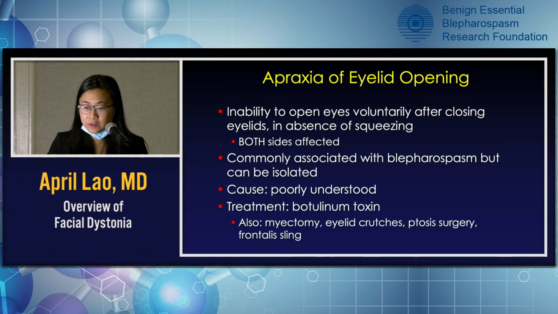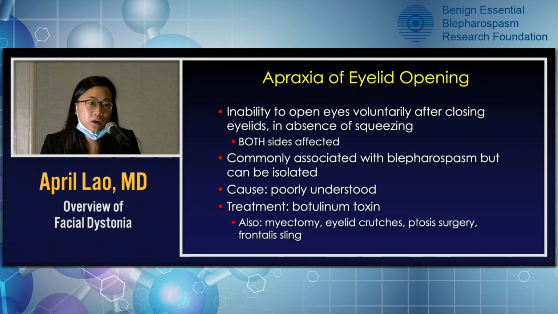It's in that same basal ganglia area that they're thinking is the area of pathology, leading to an inhibition of the levator, which is one of those protractors that we mentioned that opens the lids. Very, very challenging to treat.